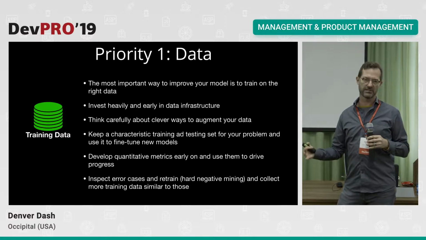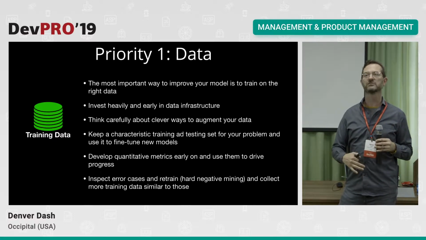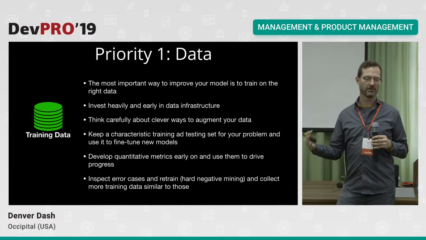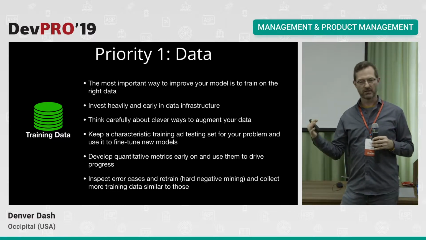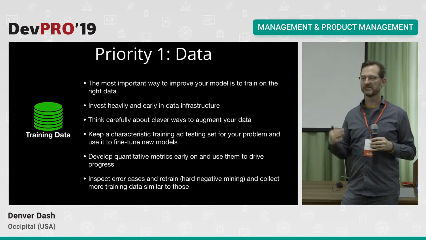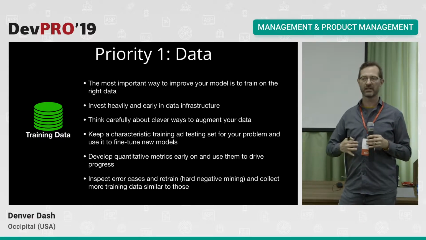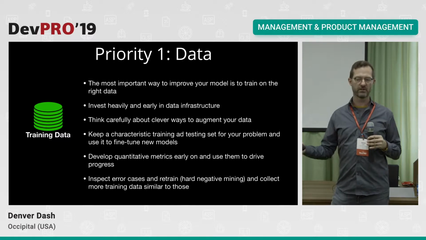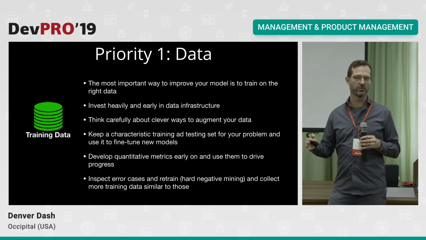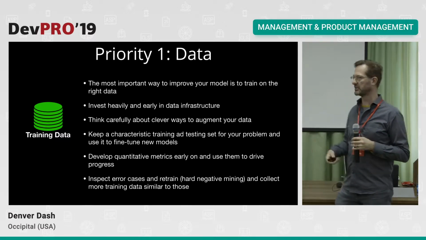Make sure you have your data in a database, not in text files, for example. Make sure you have the ability to measure error on the whole database and quickly label data and collect data, and the whole data pipeline from end to end. The more you can invest in that, the better off you will be in the medium term.